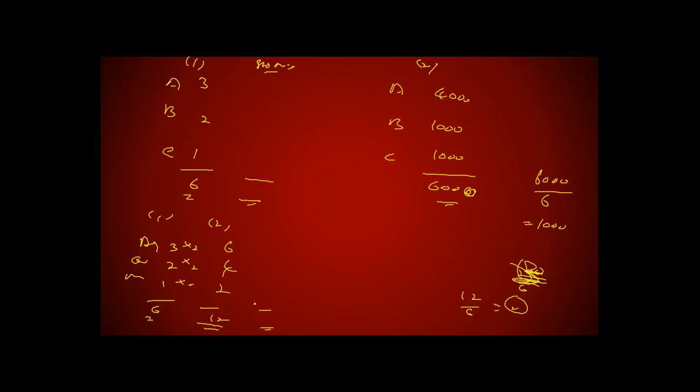For A would be 6,000, and for B would be 3,000. So calculate and see whether it will come to 6,000 total. Ultimately, the total should be 6,000. Can't it be more than 6,000? No.